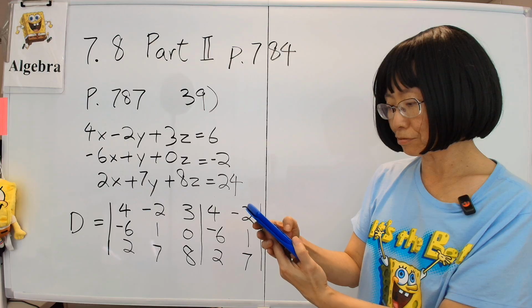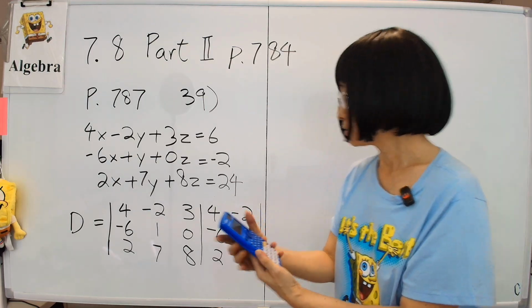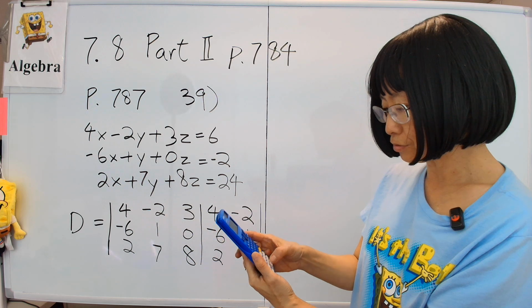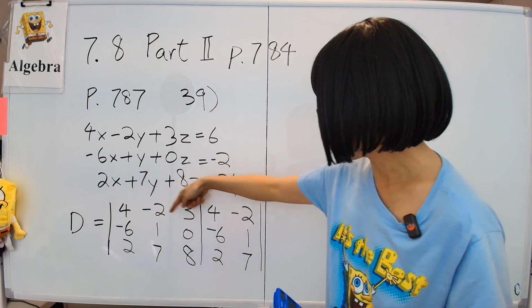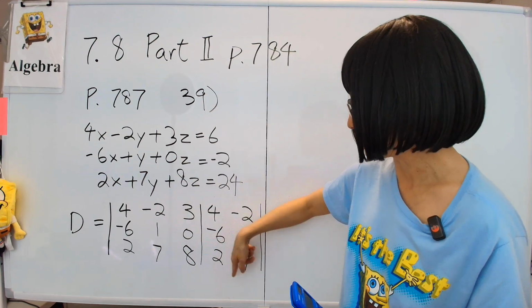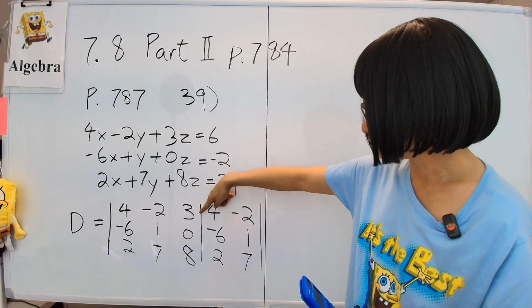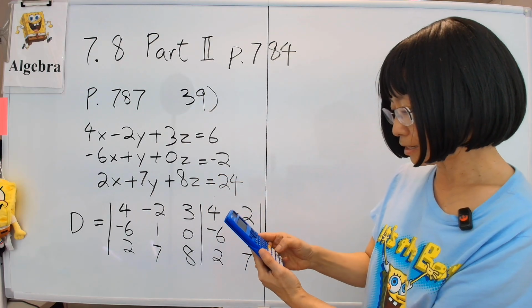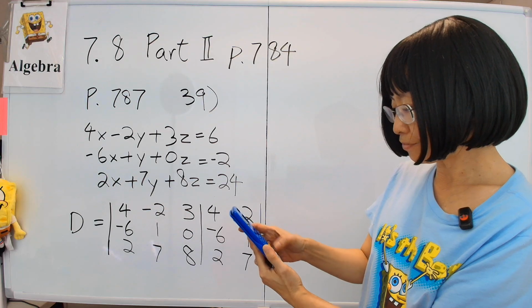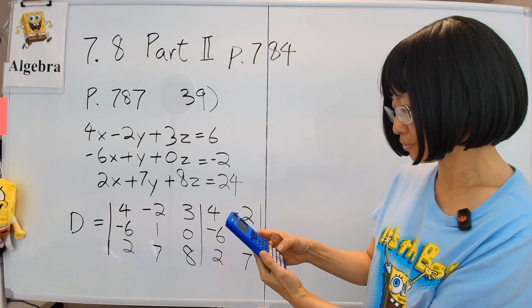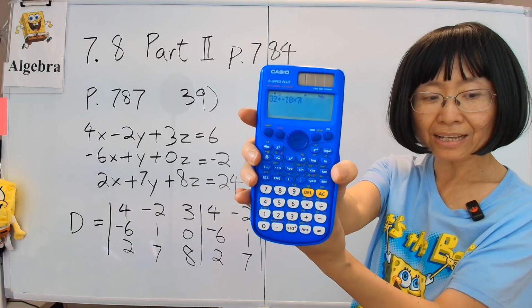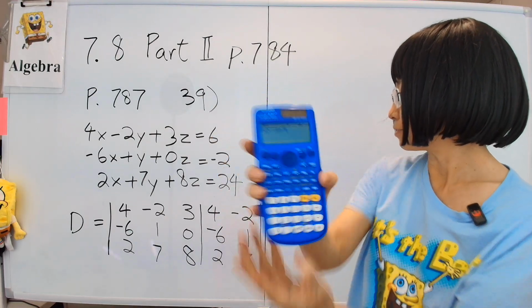So let's do that. I will do 4 times 1 times 8, that's 32, plus minus 2 times 0, that's all 0. Next, 3 times minus 6 times 7, that is negative 18 times 7. So that's all the going down, the addition stuff.